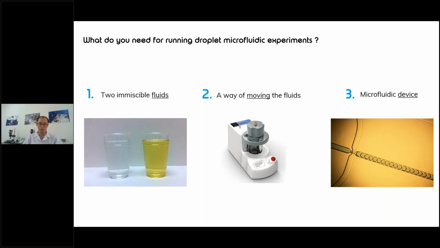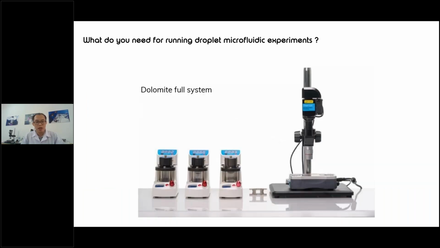The first is two immiscible fluids, and the second thing you need is a pump, a way of moving the fluids. And the third component that you need is the microfluidic device on which you can do the microfluidic experiment. So this is our single channel system from Dolomite for large scale use.